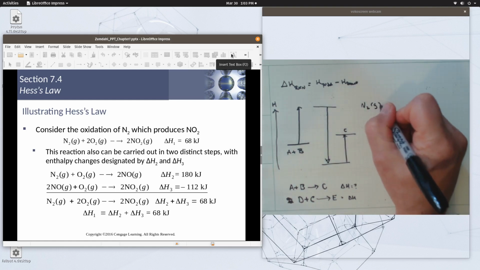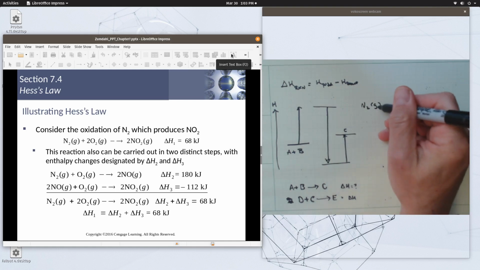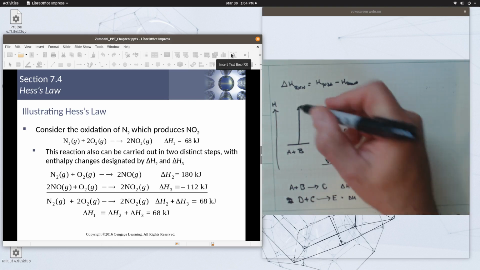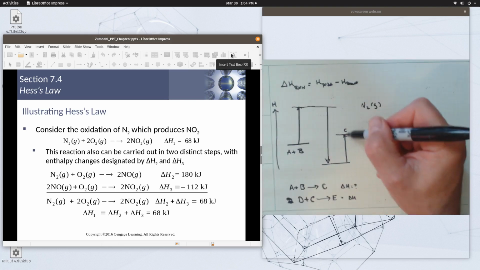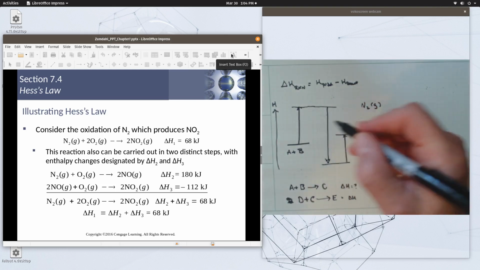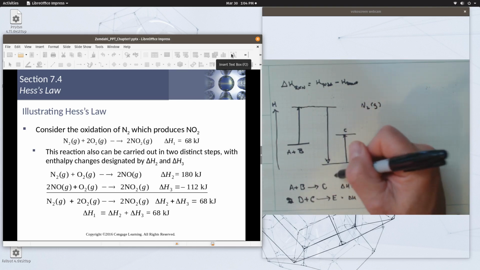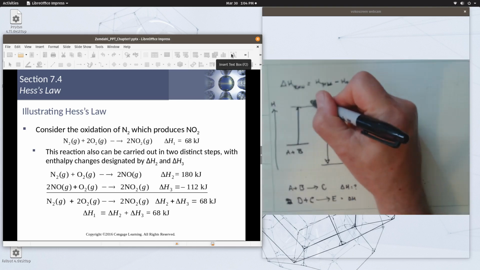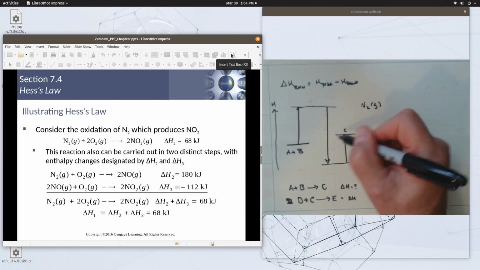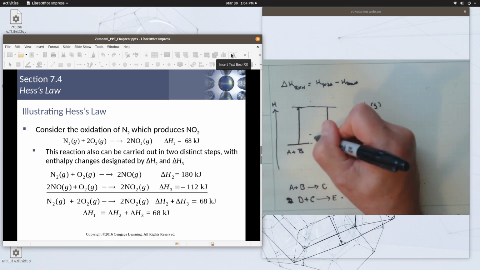State is incredibly important to keep track of, because there's an enthalpy associated with vaporization, and all sorts of different kinds of things. So this would be some intermediate state, and then finally C. This is the final delta H that I want to know.